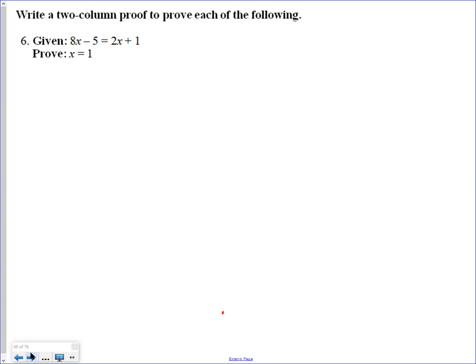So every time we write a proof, you will always write the given. You will always write what you are trying to prove first.